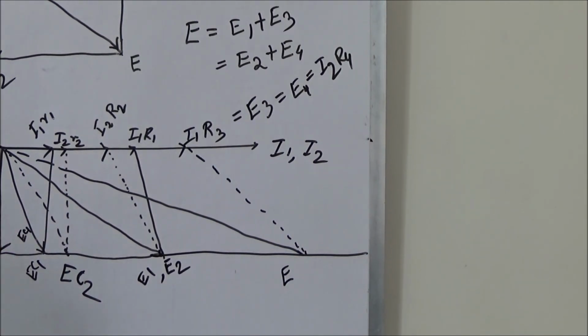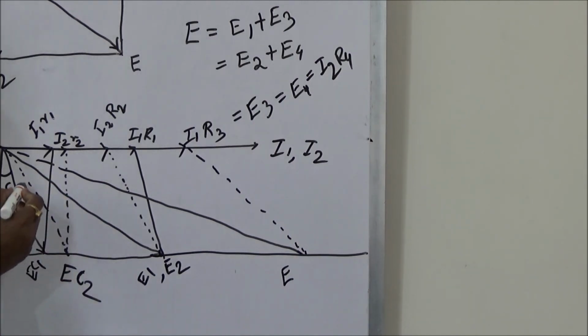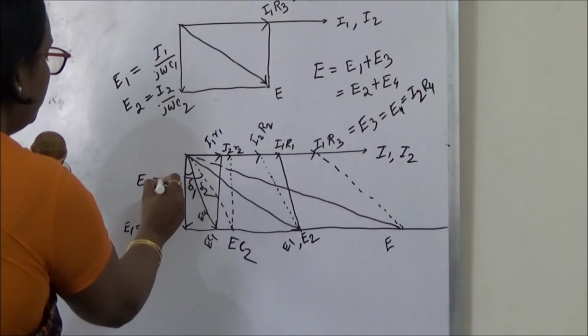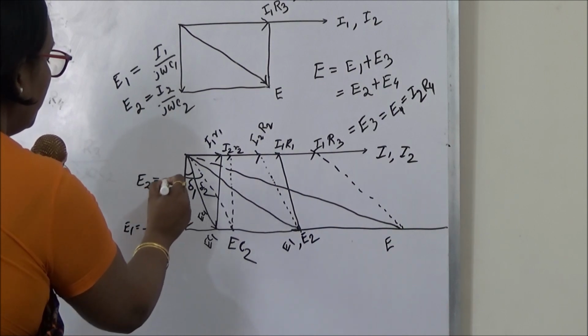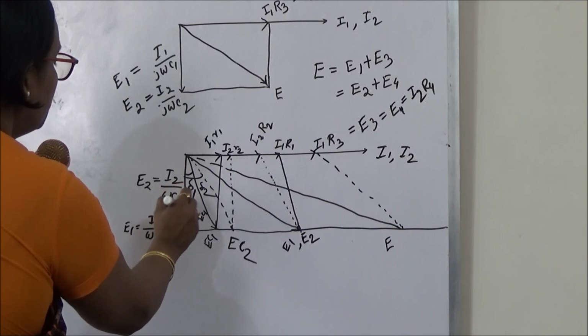Now the loss angles. The angle delta 1 and delta 2 are the phase angle of the capacitors C1 and C2. So this is called capacitance C1. So this is my delta 1, phase angle of the capacitor 1, and this is delta 2, that is E2 is equal to I2 by omega C2.